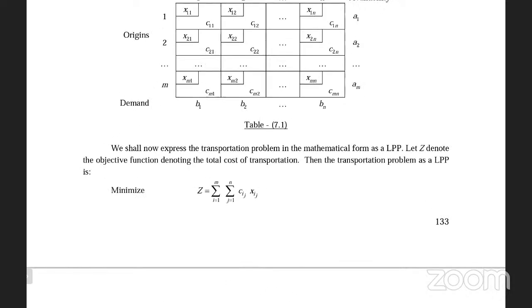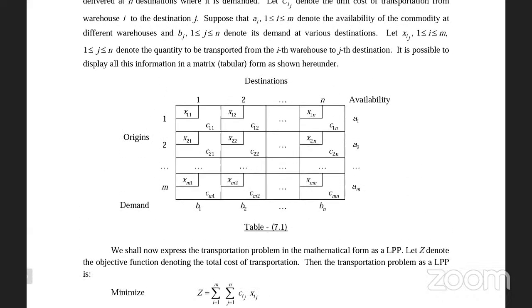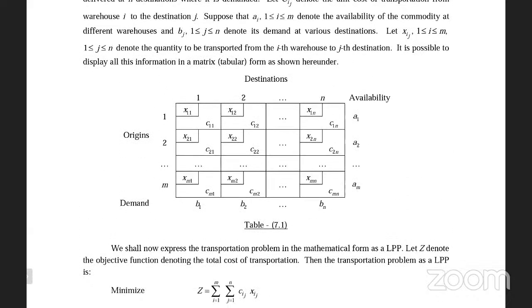If I add them, the total is equal to a1. At that time I will not get any loss, because based on demand and availability I am sending to the distribution centers. Similarly x21 plus x22 plus so on up to x2n equal to a2. Lastly, xm1 plus xm2 plus so on up to xmn equal to am.